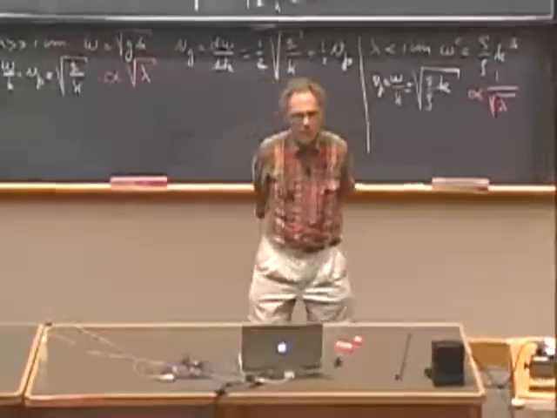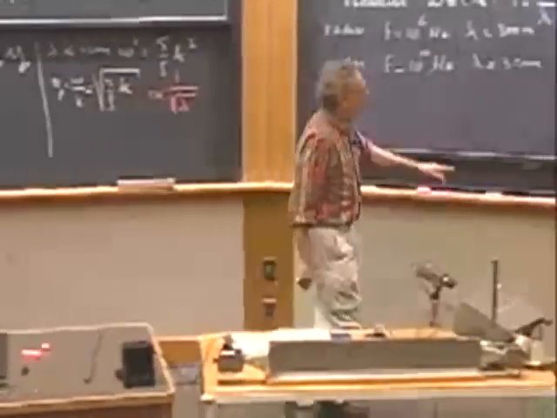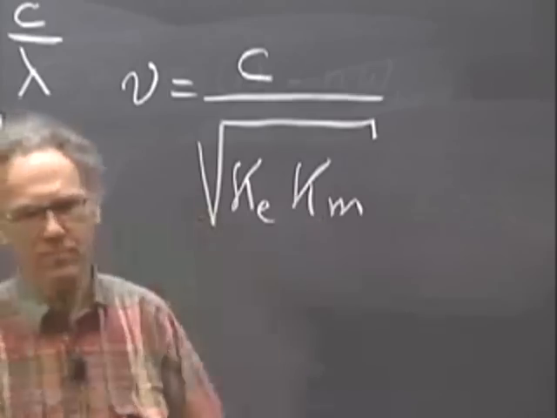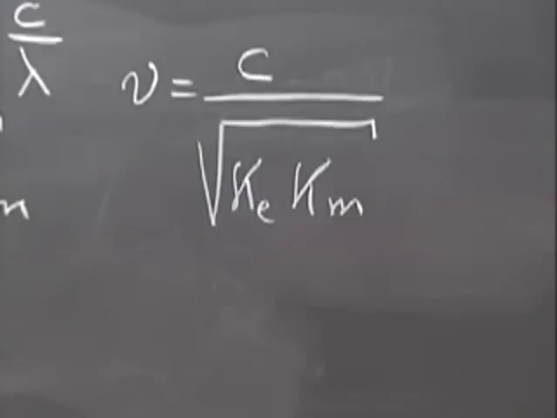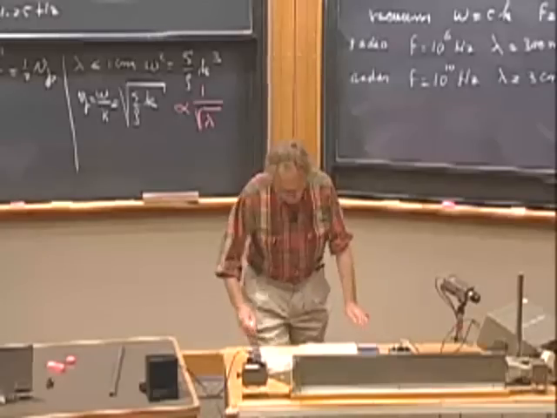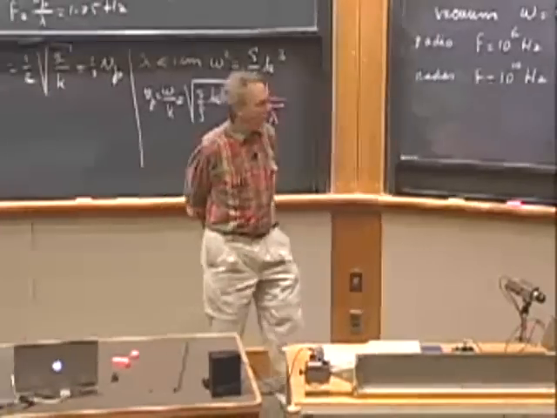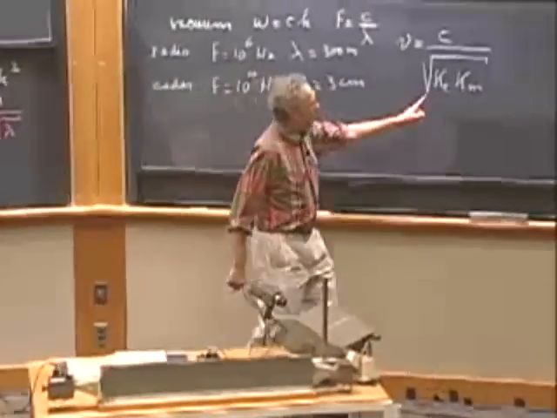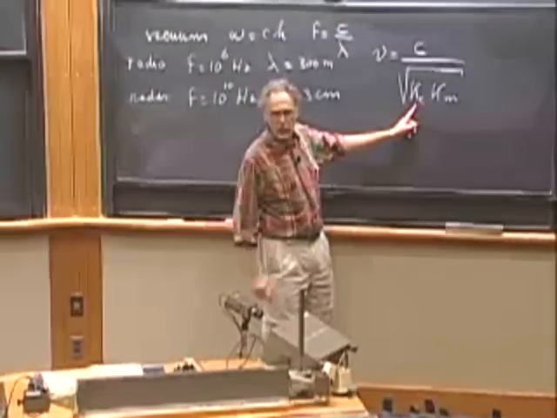And in vacuum, this is 1, and this is 1. But that's not the case for water, and that's not the case for glass. In fact, kappa E is strongly frequency dependent.